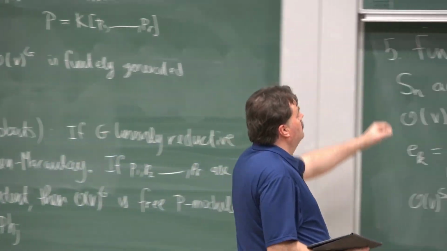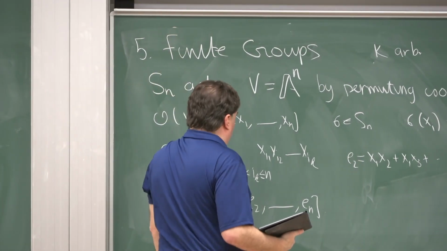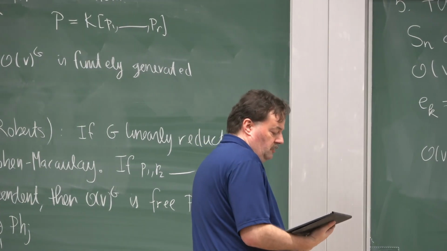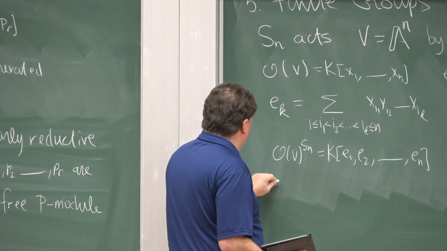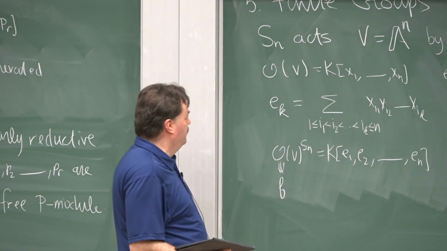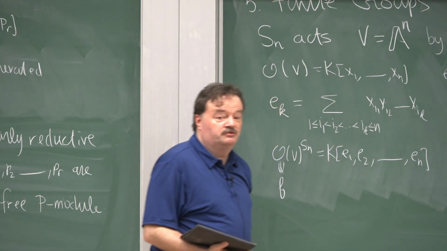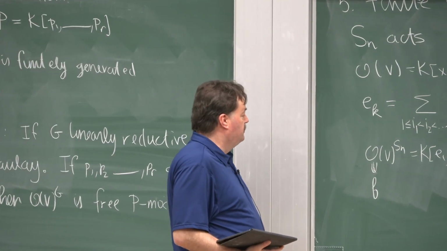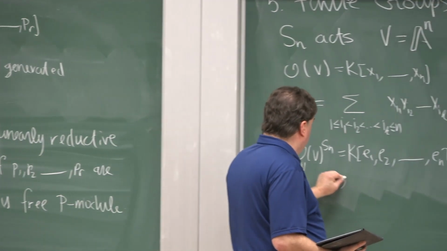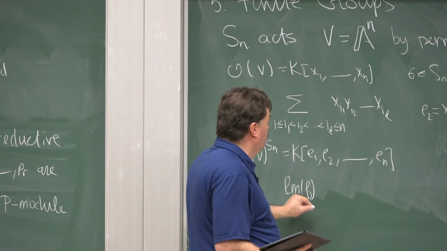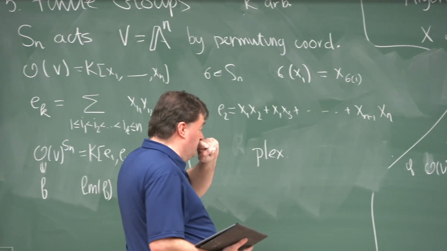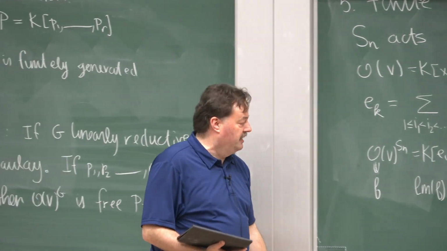Okay. To see this, suppose we have some invariant, right? Certainly these are invariant, but I claim every invariant can be expressed in E1 up to En. So how would you do that? Well, if we have some invariant f, then we can look at the leading monomial of f. Again, we use some monomial ordering, the pure lexicographic ordering as before.